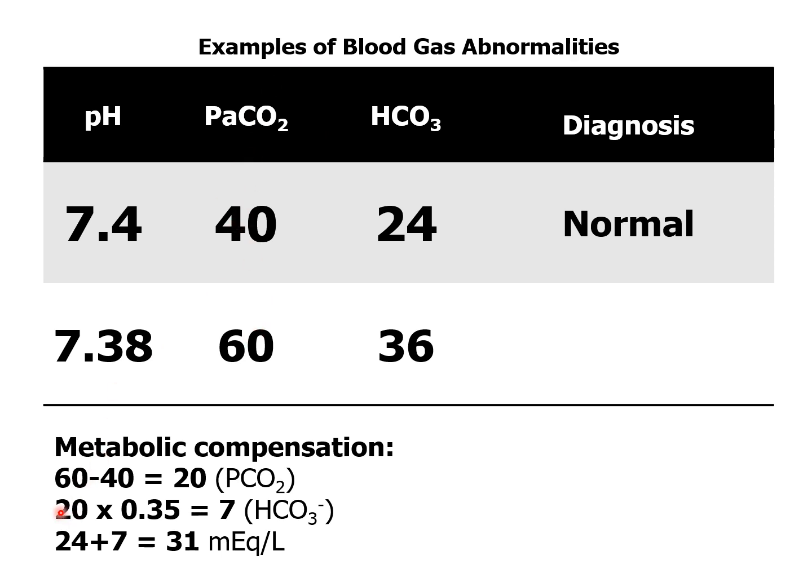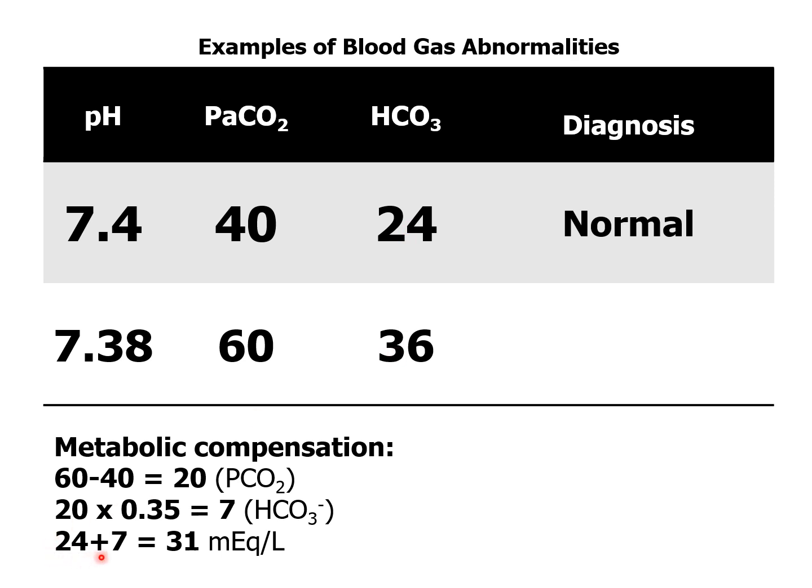So again, our rule of thumb is per 1 mmHg increase in the PaCO2, there should be a 0.35 corresponding increase in the bicarbonate in order for it to be considered as a simple type of acid-base disturbance. So 20 times 0.35 is equal to 7 bicarbonate. So the bicarbonate should be increased by 7.